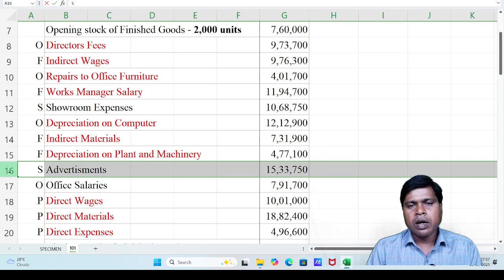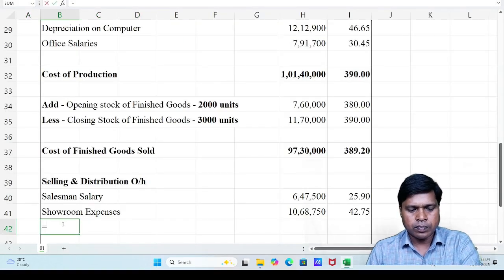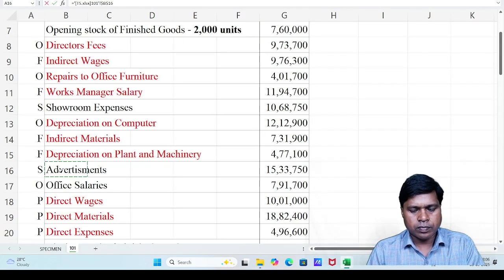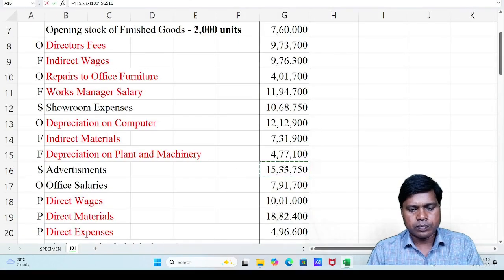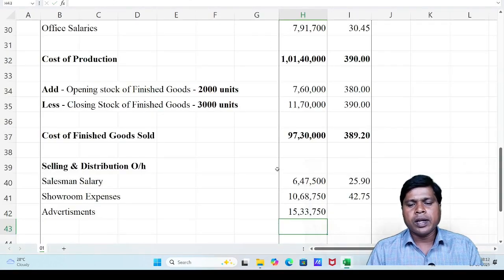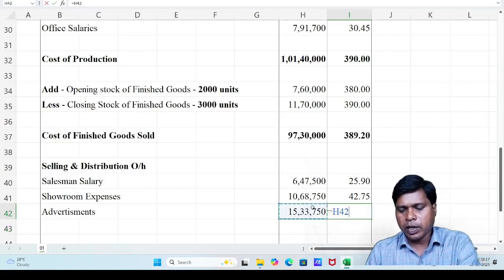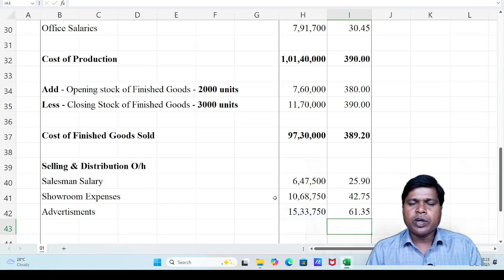Advertisement should be recorded under selling and distribution overheads. Amount 15,33,750. Calculate divided by 25,000, 61.35. Find again any other remaining item of selling and distribution overheads.